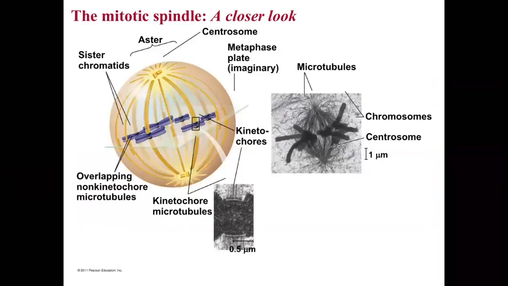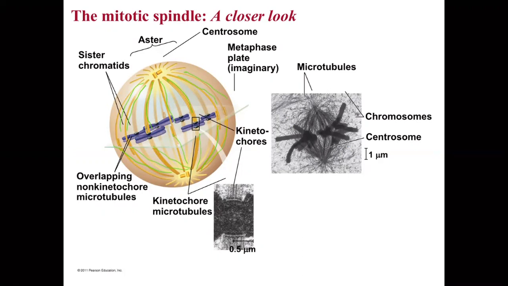Okay, so let's just look at the mitotic spindle. Basically, it's just a cluster of microtubules that would be important in the actual migration or movement of the chromosomes.